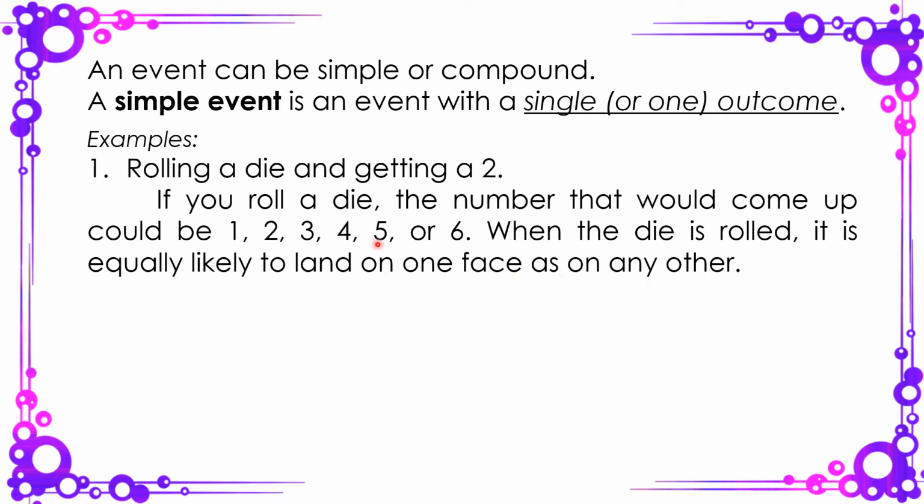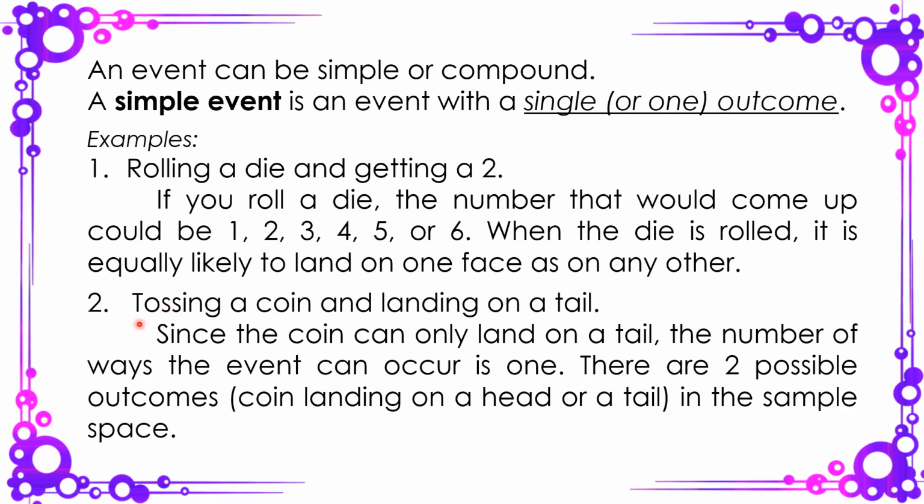Or simply, if you are going to roll a die, the possible way that we can get a number 2 is once, because in a die, we have here the number 2 written, or the outcome is only once.